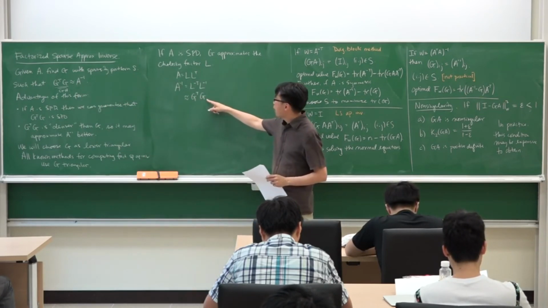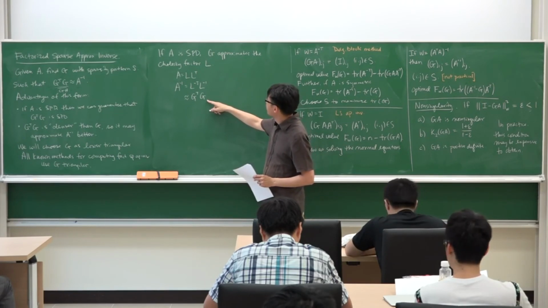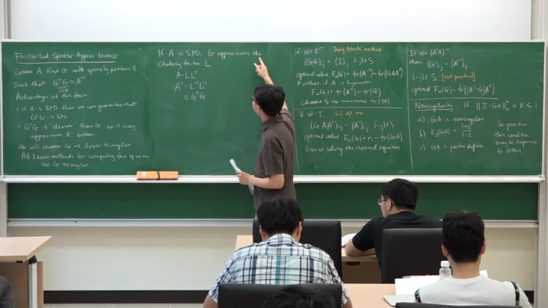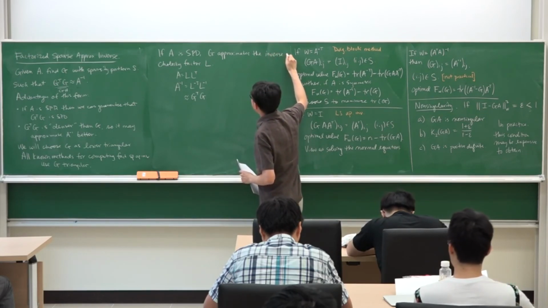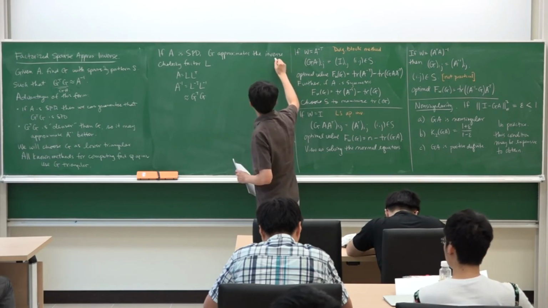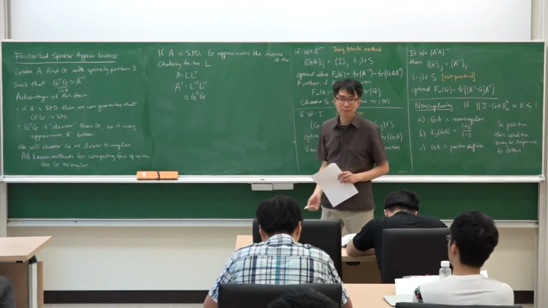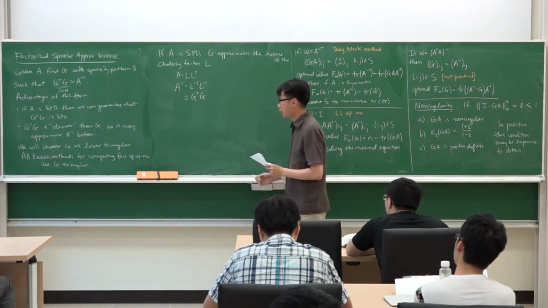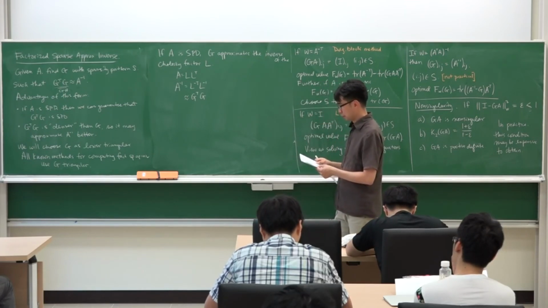So G approximates, I should say, the inverse of the Cholesky factor L. That makes sense: G doesn't approximate the Cholesky factor, it approximates the inverse of the Cholesky factor.